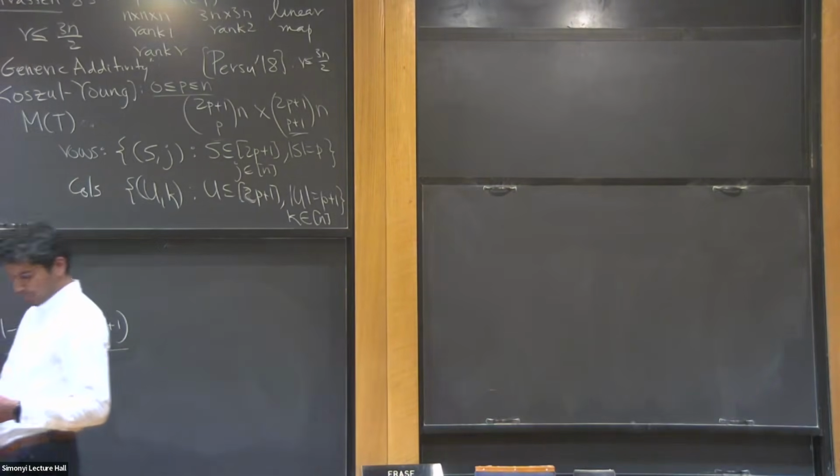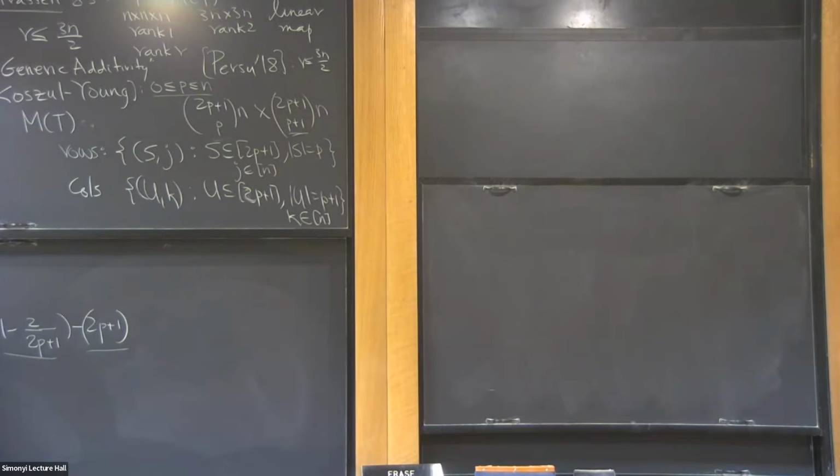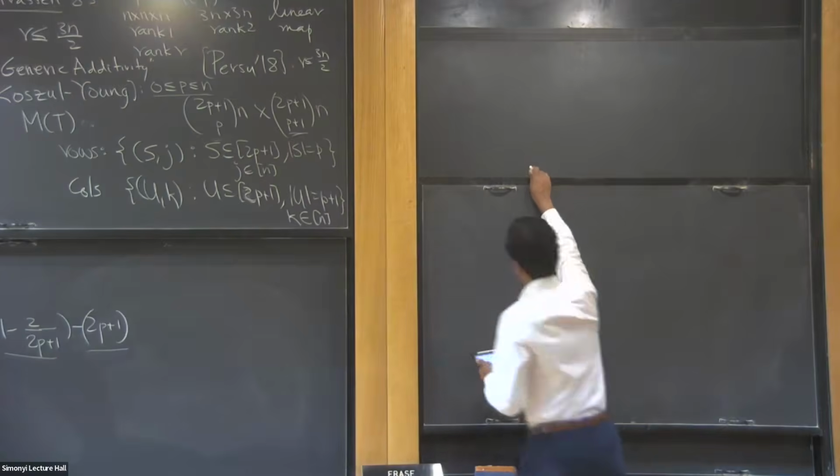Okay, so like I said, the proof is just basically explicit linear algebra. So I'll at least try to show you all the steps, even if the notation is a little bit annoying.